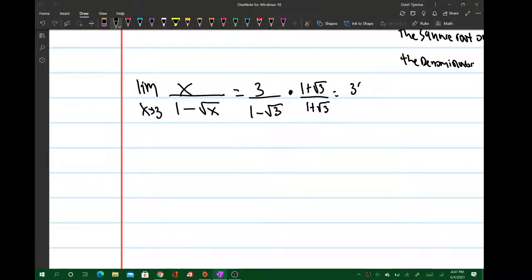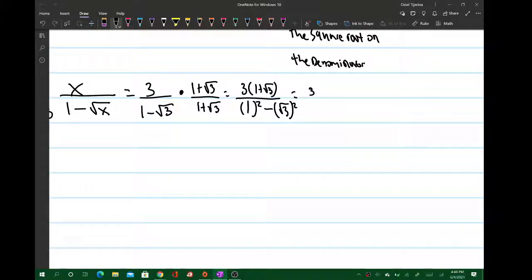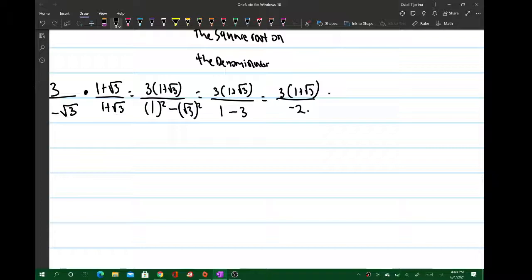So it'd be 3 times 1 plus square root 3 over 1 squared minus the square root of 3 squared, because in reality this is a difference of squares pattern. So I would say 3 times 1 plus square root 3 over 1 minus 3, which is 3 times 1 plus square root 3 over negative 2. So really, this would be 3 plus 3 square root 3 over negative 2. Okay.